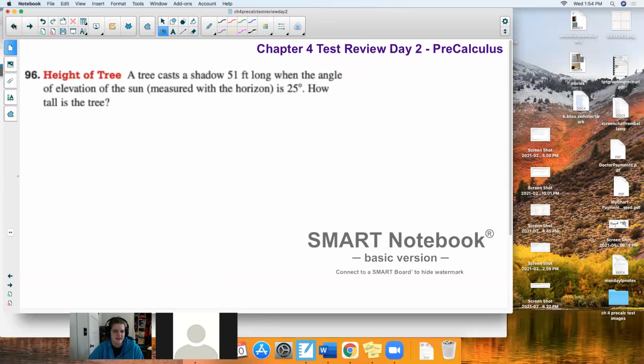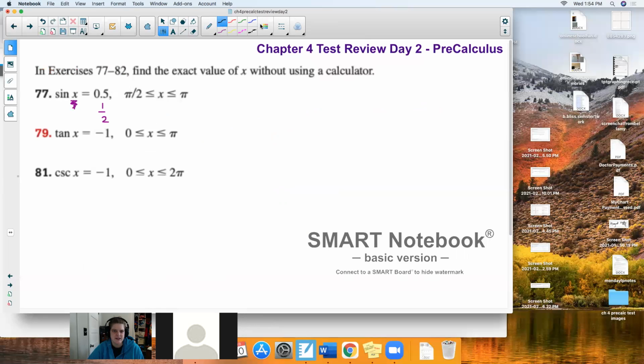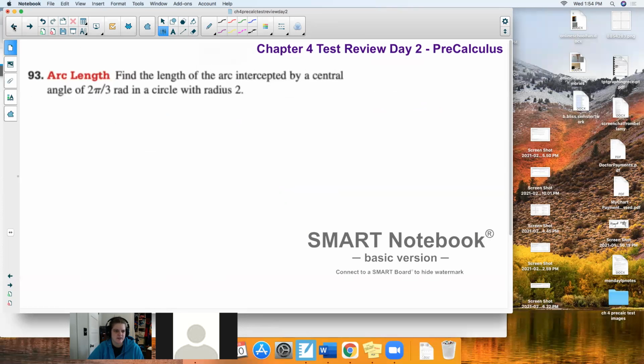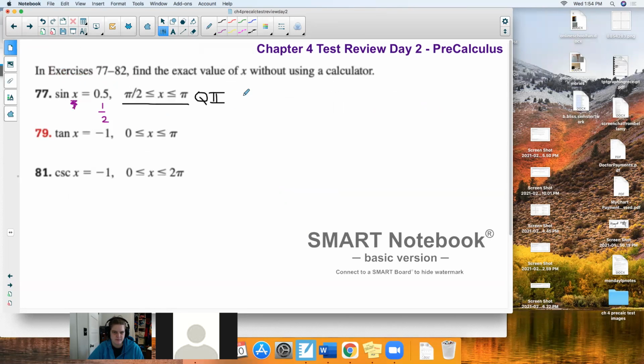So then you look at the second part of the phrase, which says that it's going to be in quadrant 2, between pi over 2 and pi. So that means that this is our answer, 150 degrees or 5 pi over 6. And of course, it just depends on if you want to do radians or degrees, but there you go.